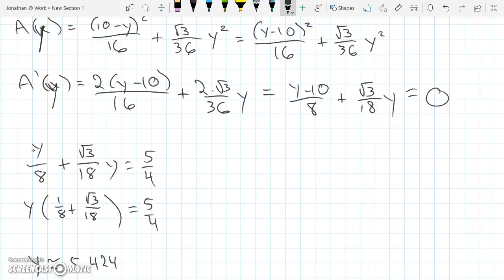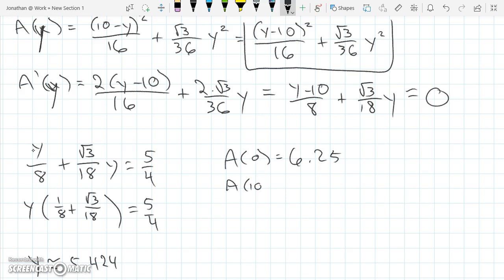So notice there's only one critical point, and we're looking for a max and a min, so we actually have to plug in the endpoints too. So we're going to plug them into our function up here. Plug in 0 there, and I'll save you the gory details, but use your calculator. We get 6.25. That means 0 for the triangle and all of it for the square. We can plug in the other end, which means 10 for the triangle, none for the square.